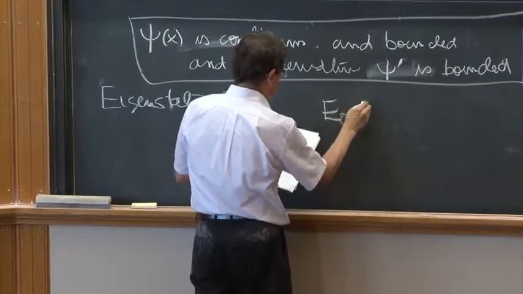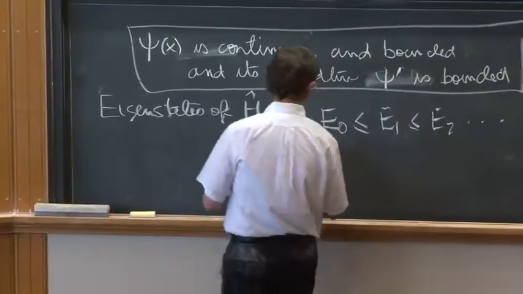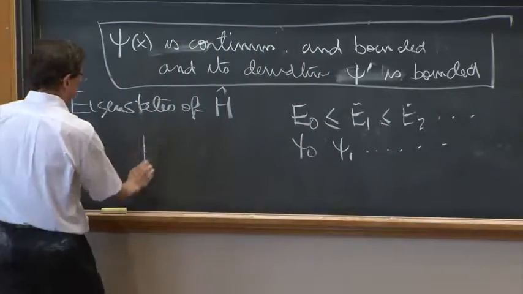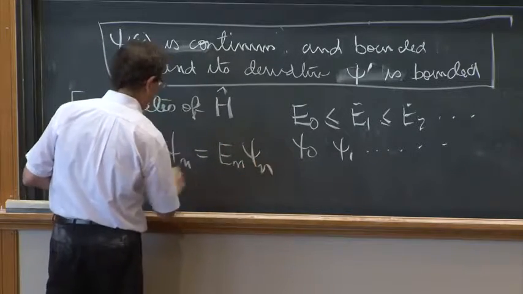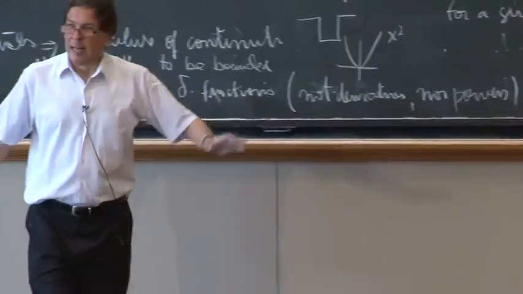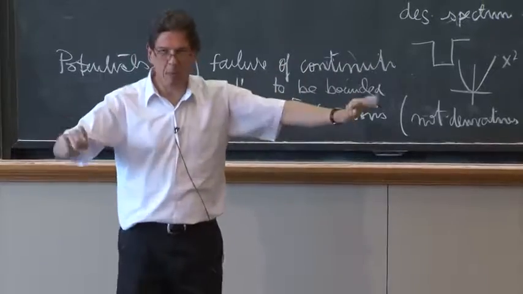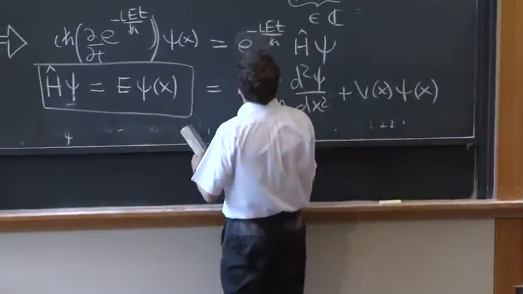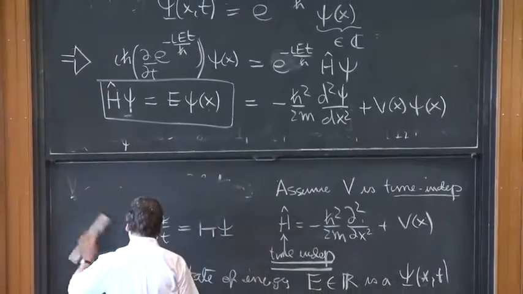So you have an energy E0 less than or equal to E1, E2, just goes like that, and you have a psi 0, psi 1, all these wave functions, and then H hat psi n is equal to En psi n. You have a set of solutions. This is what will happen if you have a good problem, a reasonable potential, and nothing terribly strange going on. There will be a lot of solutions, and they can be chosen to be orthonormal.